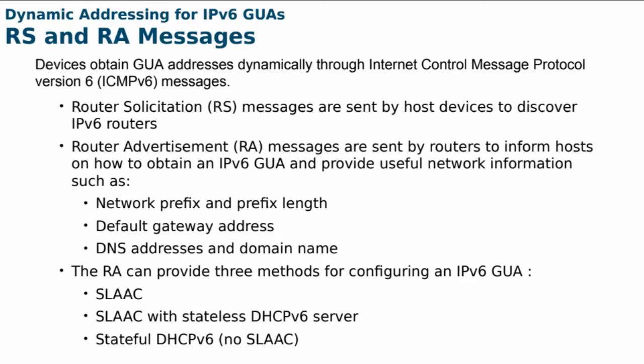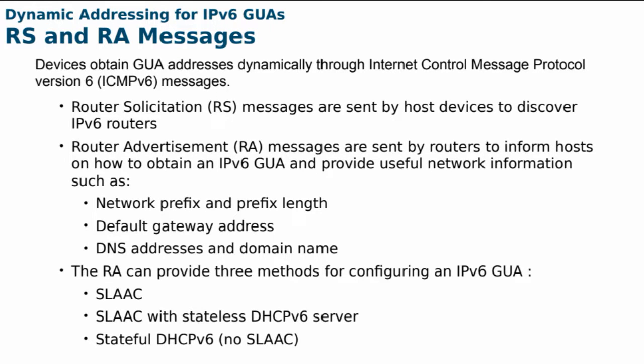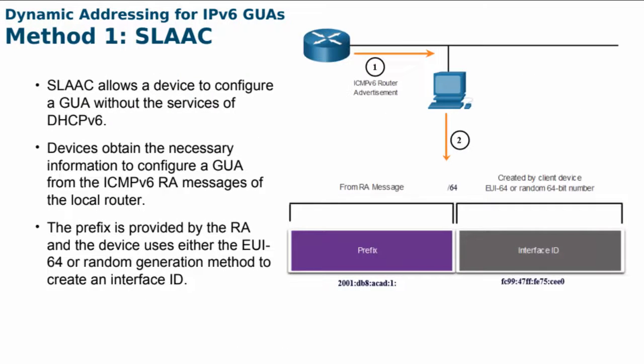The router advertisement can provide three methods for configuring IPv6 GUA, either SLAAC, or SLAAC with stateless DHCP version 6 server, or stateful DHCP version 6. If we say stateful, meaning that there is no SLAAC. Okay. This is the method here.